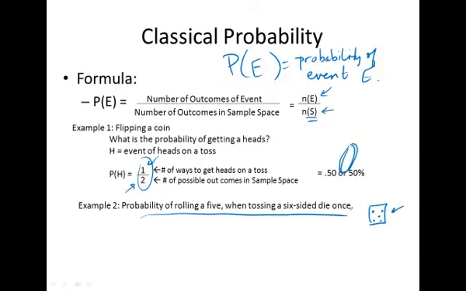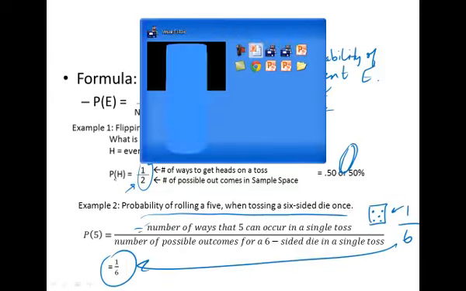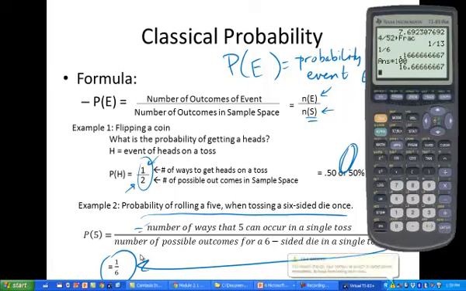So there's one way that you can get a 5, and there's 6 sides to the die, so the answer should be 1/6. Now, once again, remember that you can turn that into a percent by saying 1 divided by 6 times 100: 16.7% approximately.